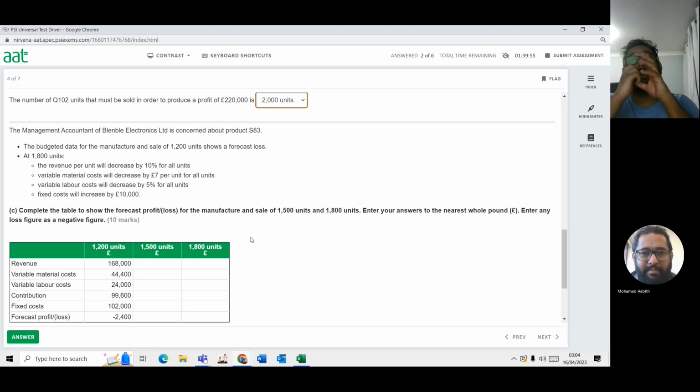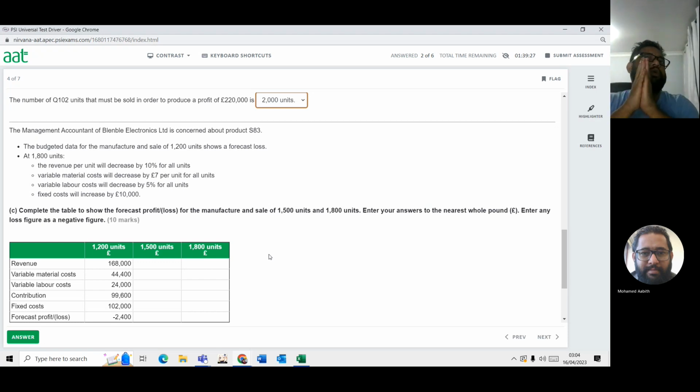The variable labor cost will decrease by 5% for all units. The fixed cost will increase by £10,000. They now want you to complete the table to show the forecasted profit and loss for the manufacture and sale of 1,500 units and 1,800 units. Enter your answers to the nearest whole pound. Enter any loss figures as a negative figure.